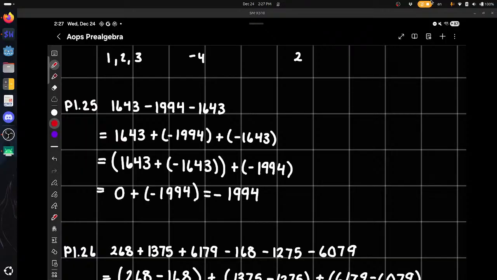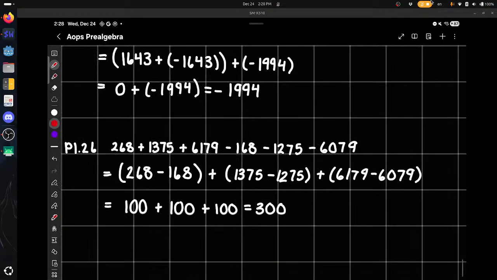We don't turn 1994 back into subtraction, we just leave it there because we're using the definition to say that this is just a negative number. In the book, they show a similar process, so I think we did a good job.